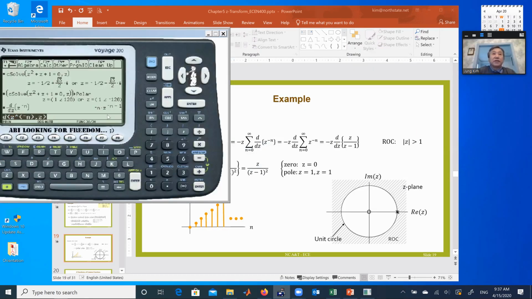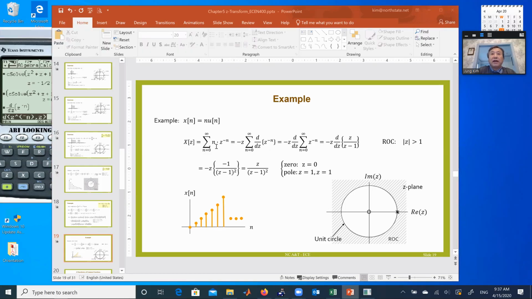So g to the minus 1 means 1 over g. So minus n g to the minus n is minus g times the derivative of g to the minus n.